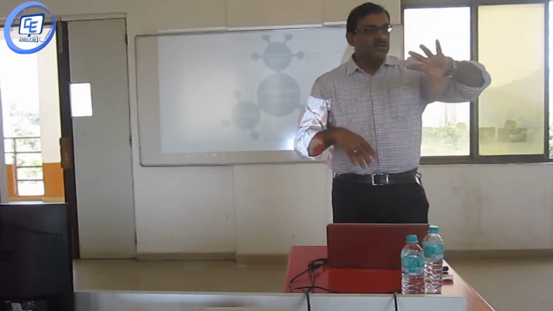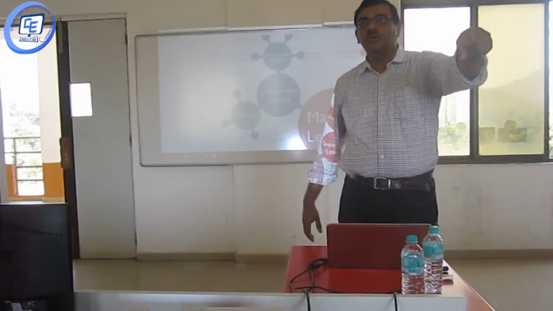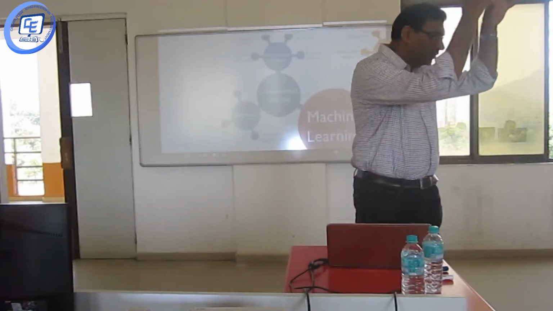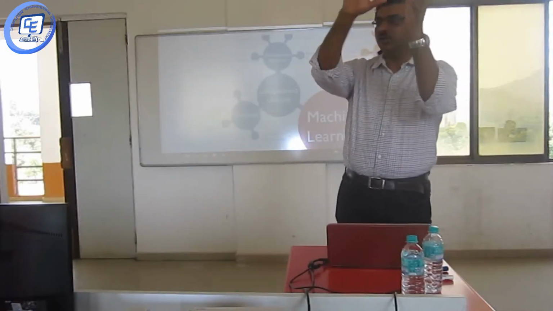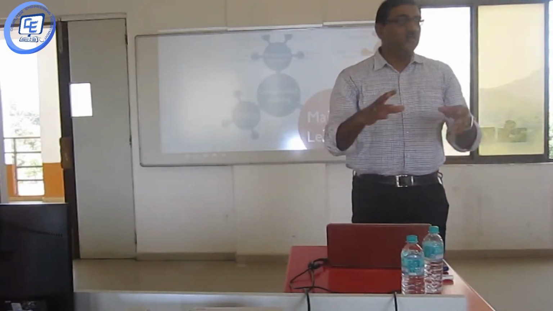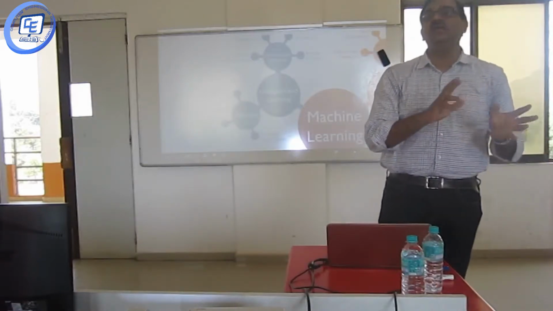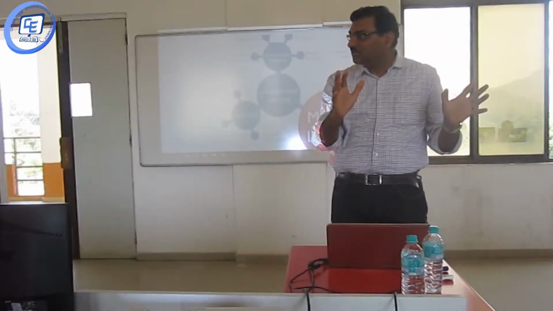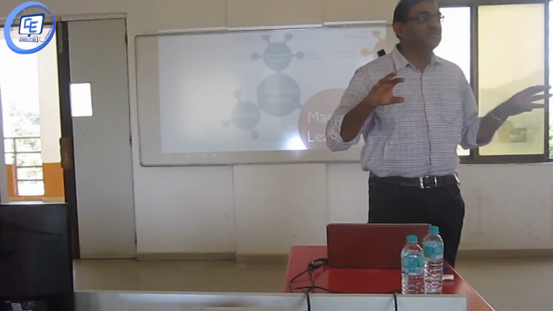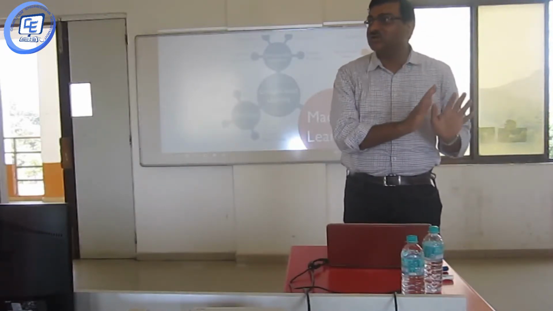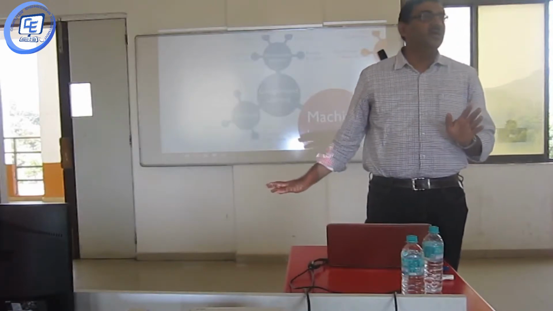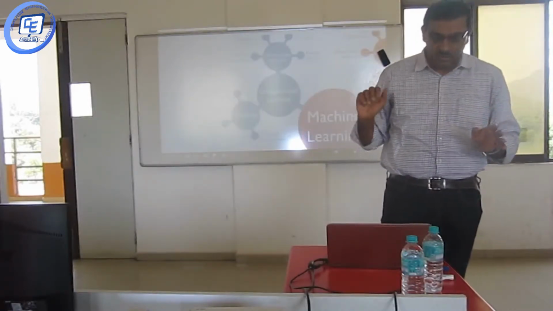Let us say some students fall in the age group of 20 years, so I am going to put them in one cluster. Some students fall in the age group of 21 years, so I am going to put them in another cluster. So I am going to find similarity in this set of students and put them in different clusters. Every cluster will have some unique property. That is clustering. We are going to solve one algorithm, K means clustering.